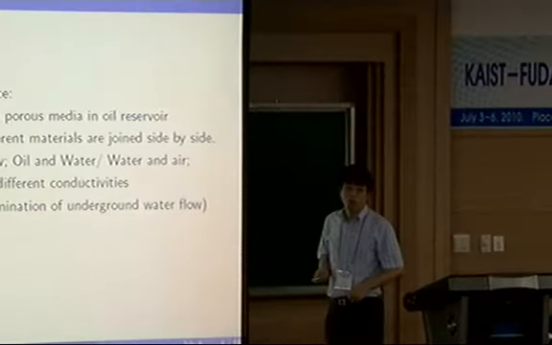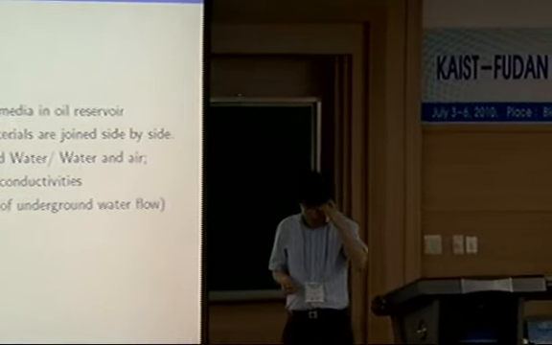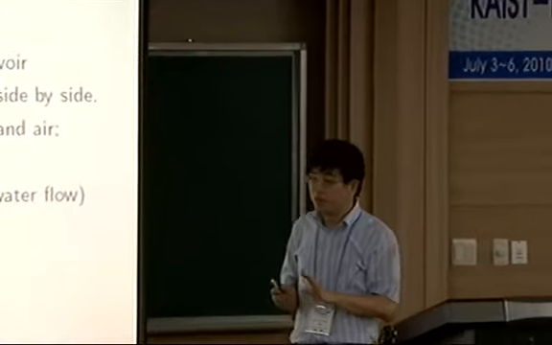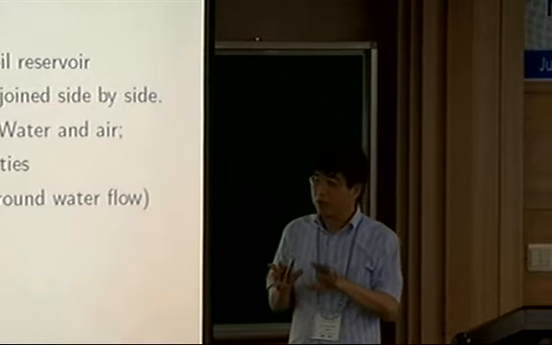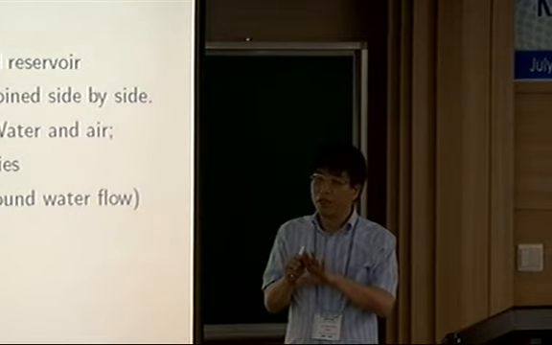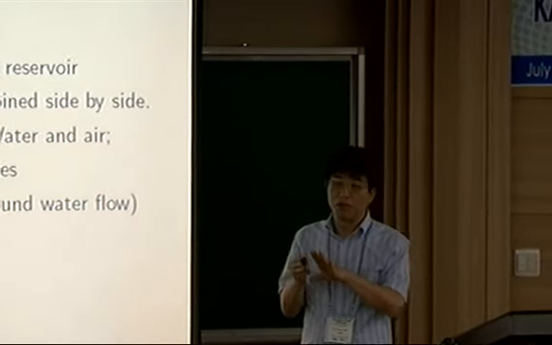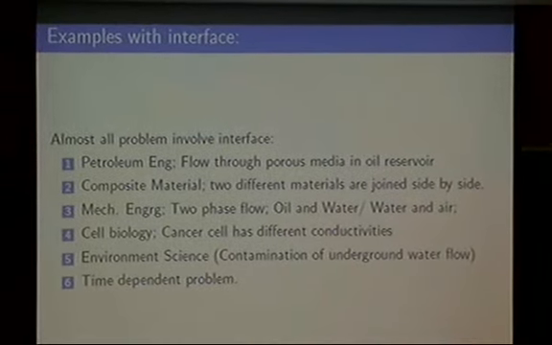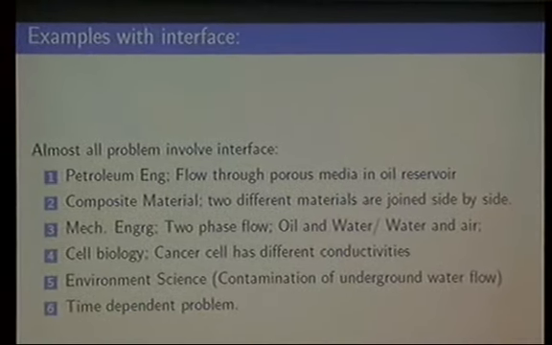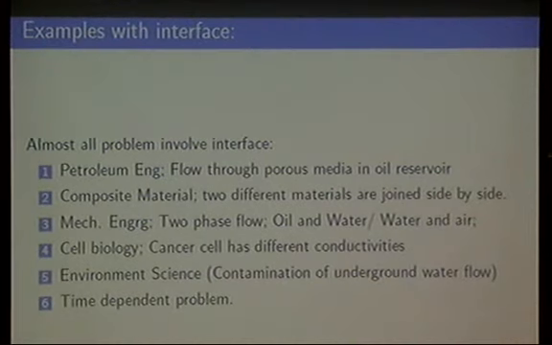Okay, most problems arising from engineering have some kind of interface. Interface means that two different materials are joined together with different physical properties, something like electrical conductivity or permeability, like in porous media flow.